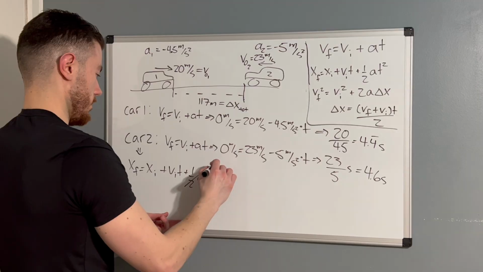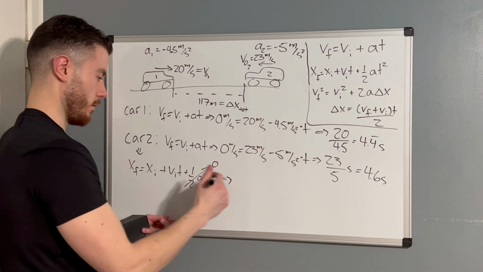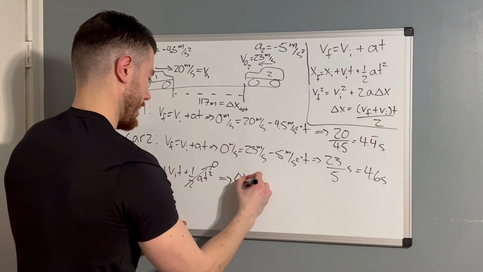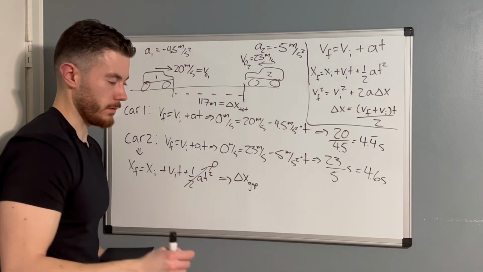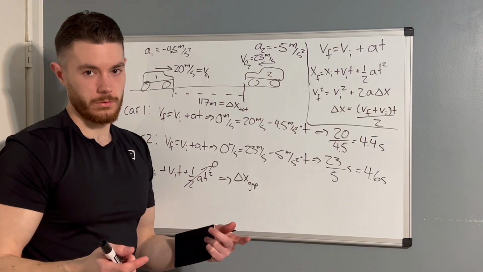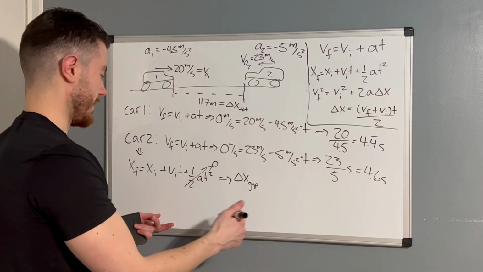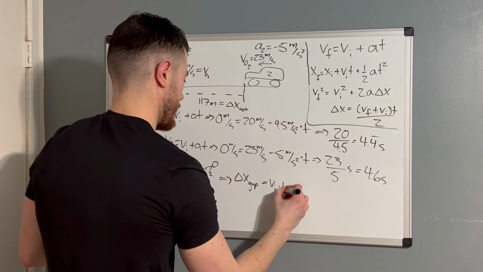This is going to go to 0. Let's bring this over here and call this delta x gap, because there's a time gap between when car 1 applies the brakes and when car 2 applies the brakes. So I'll call it delta x gap, and that's just equal to vi2 times time.